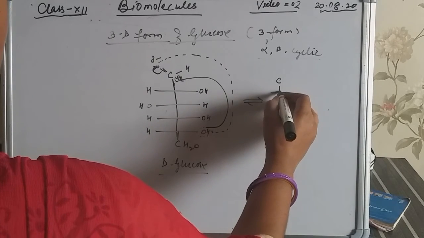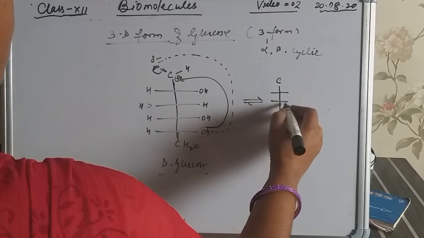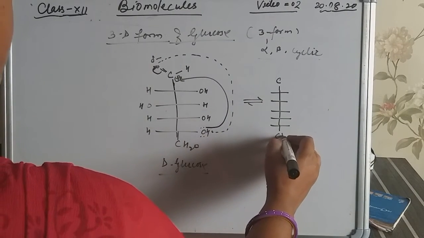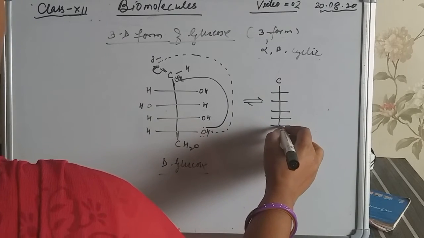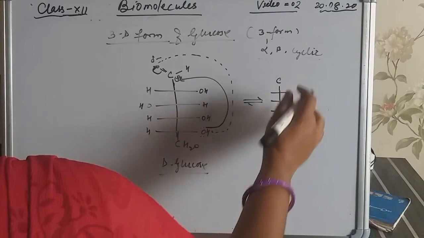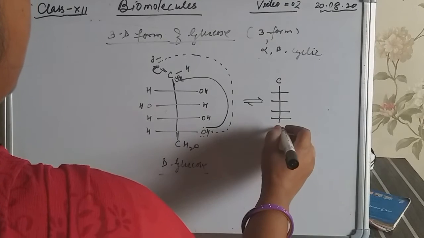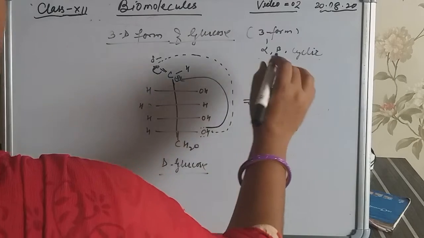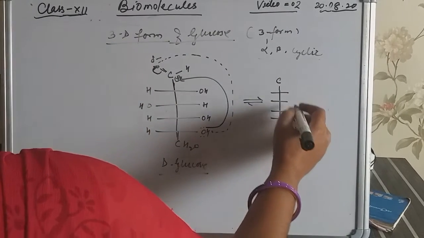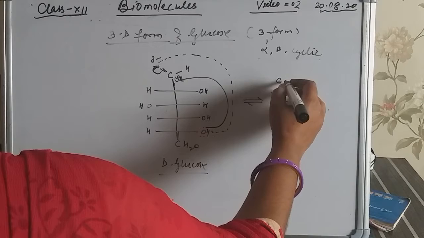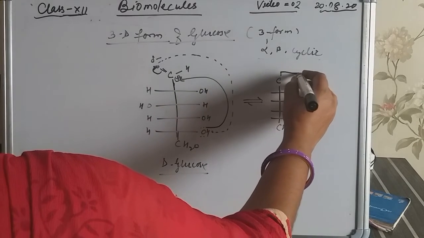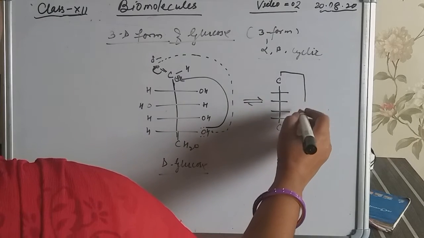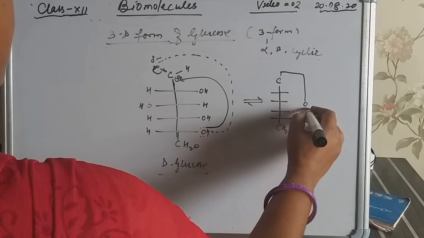The compound is formed with carbons 1, 2, 3, 4, 5 and 6, with CH2 at the end. The bond is formed between the first carbon and the fifth carbon.